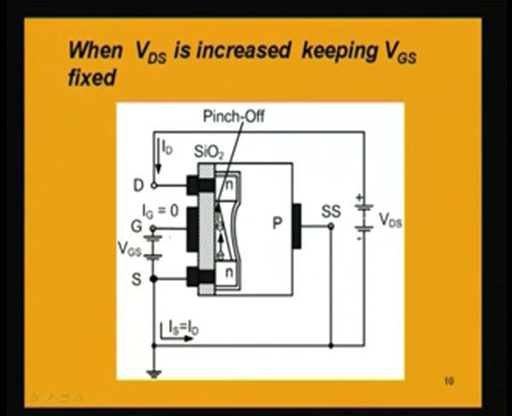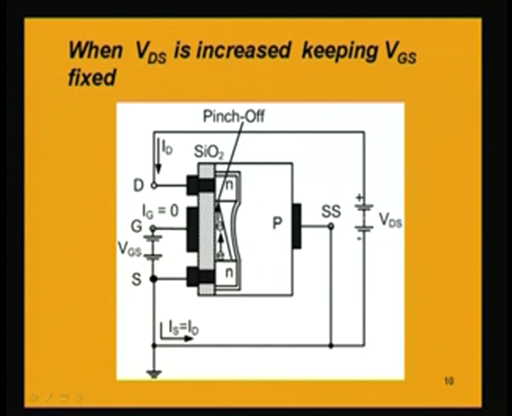Because if the gate to drain voltage goes on reducing, then the attractive force which it exerts upon the electrons to attract them will be reducing. So, if we travel from source upwards and reach the drain, at this point when the point is on the drain, this voltage VGD, that is between gate to drain, that is nothing but VGS minus VDS, will be least at the drain.